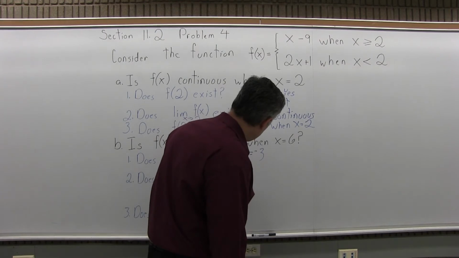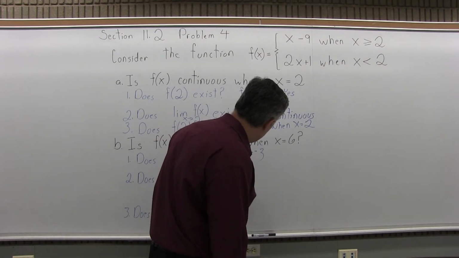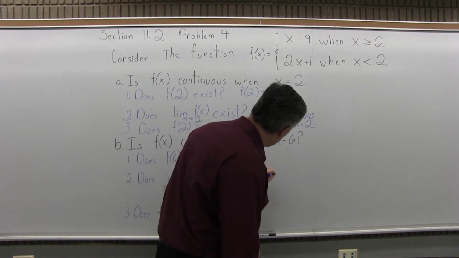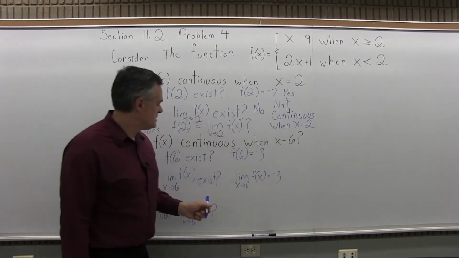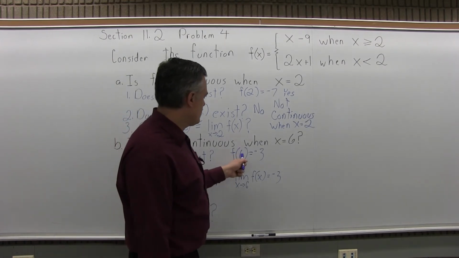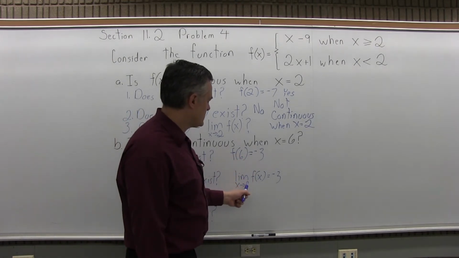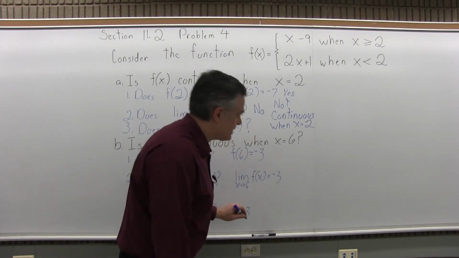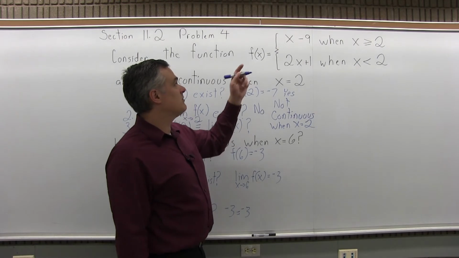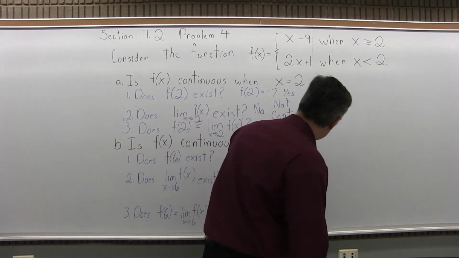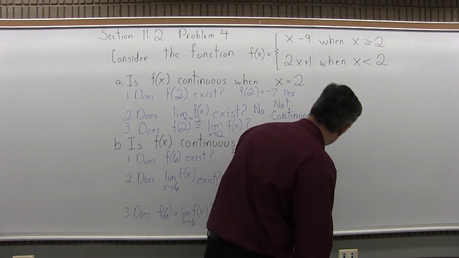So the limit as x approaches 6 for this function also equals negative 3, which means the answer to the third question is going to be yes. Does the value of f of 6 equal the limit of f as x approaches 6? Yeah, they're both negative 3. So I got a yes on all 3 questions, which would tell me that this function is continuous when x equals 6.